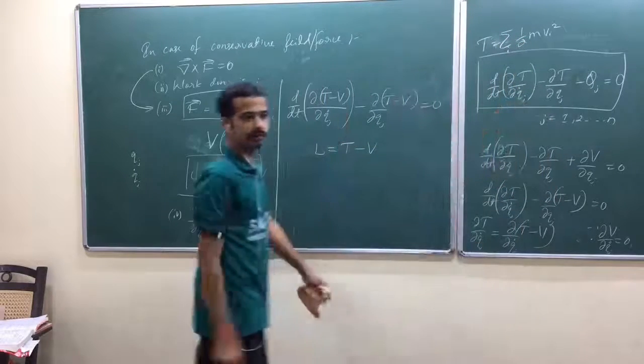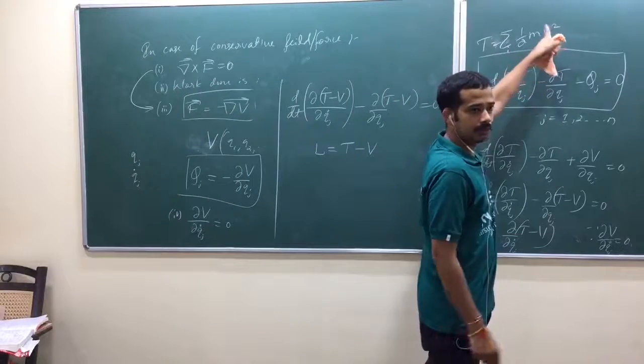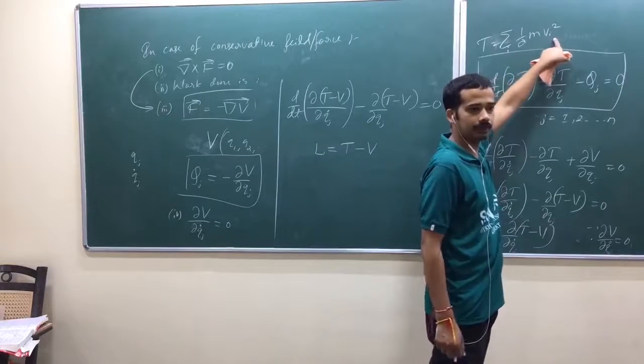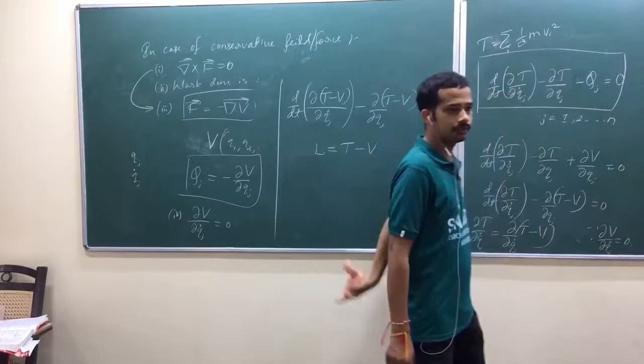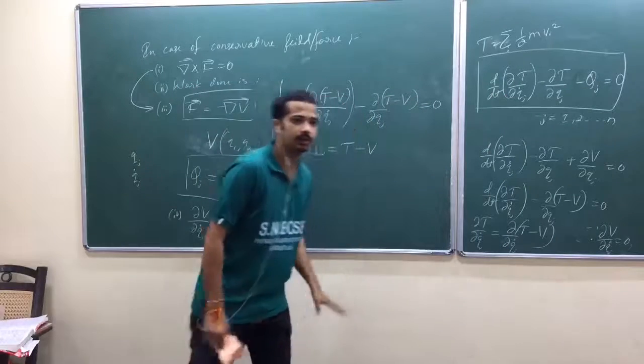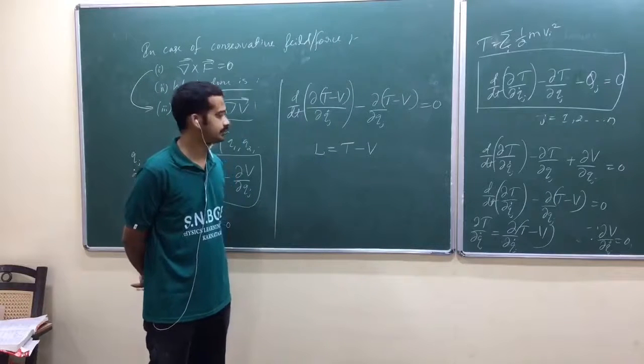Again, we need to convert that one into generalized coordinate. We should not write in our old coordinate. I'm writing that one in the old coordinate, making summation over all particles. Am I right? Particles' velocity. We need to convert that one into generalized coordinate. Writing T and V in the generalized coordinate will solve the problem 50%. Is that okay?